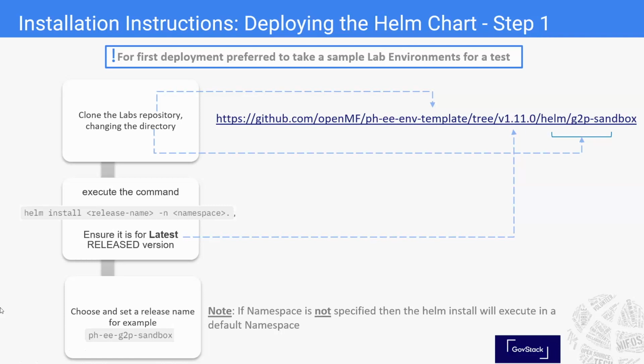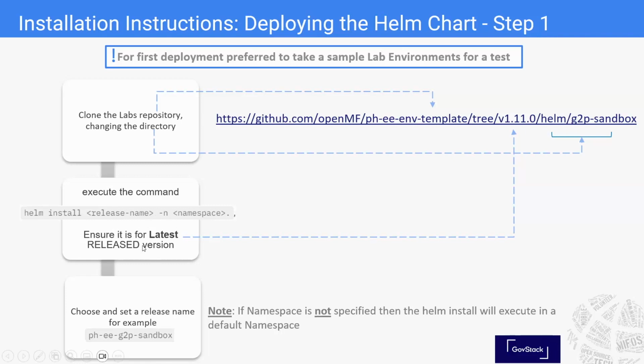So it says install, the release name and the namespace. It's very important that you give the release name that is there, and also identify a specific namespace, because if you do not do that, then it would be installed in the default namespace by default.